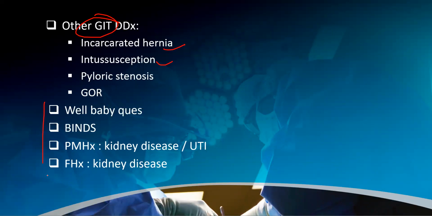In the past medical history, what you might find out is that the child is having fever and vomiting, and the parents have noticed that the urine smell or color has changed, and also the child cries while passing urine. So that's most likely UTI.